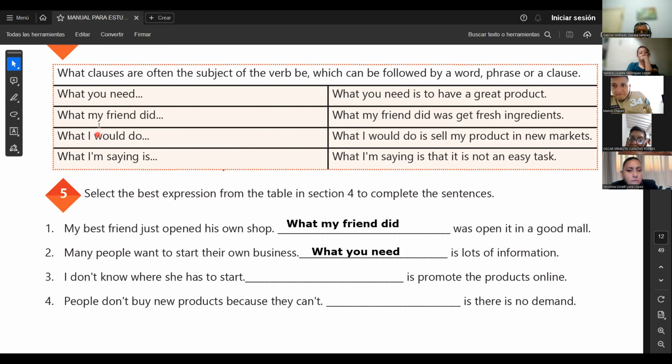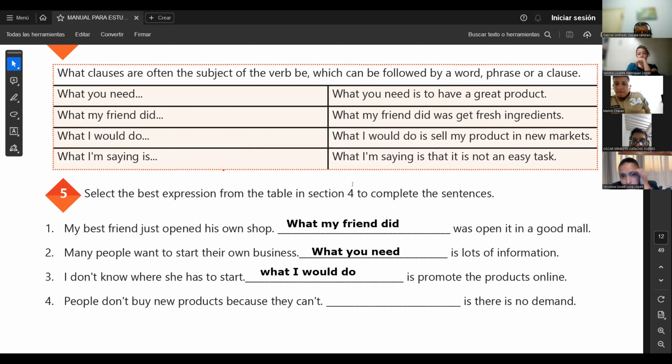I think two options are possible: either "what you need" or "what I would do." Because it says, I don't know where she has to start, right? No sé dónde tiene que iniciar ella. Lo que yo haría, promover los productos en línea. Exactly. So I think that's the best option, right? What I would do. So can you read it?